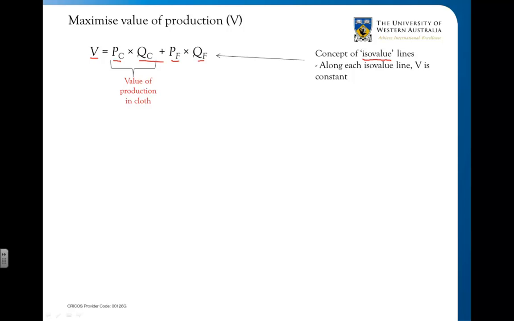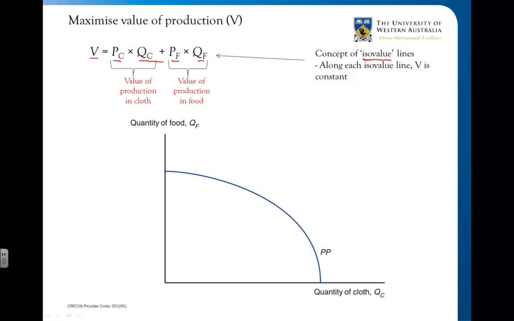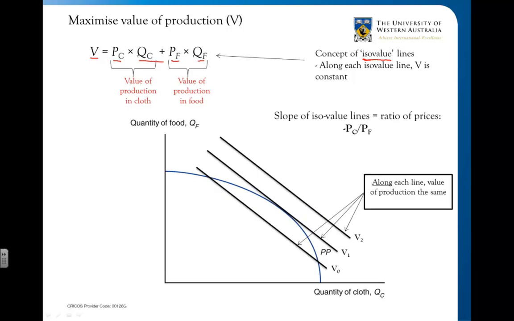We assume along an iso, remember anytime you see the word iso, it means that along each line, the value is the same, the value is constant. And again, as with other kinds of iso lines, iso-cost lines, etc., the value increases as you move out.